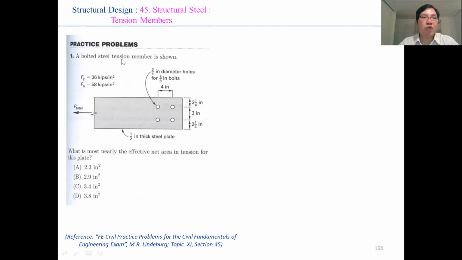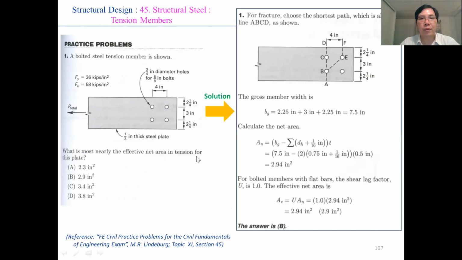The practice problem is shown in this figure. A bolted steel tension member is shown in the figure with the values of Fy and Fu. The question is, what is the most nearly the effective net area in tension for the plate?